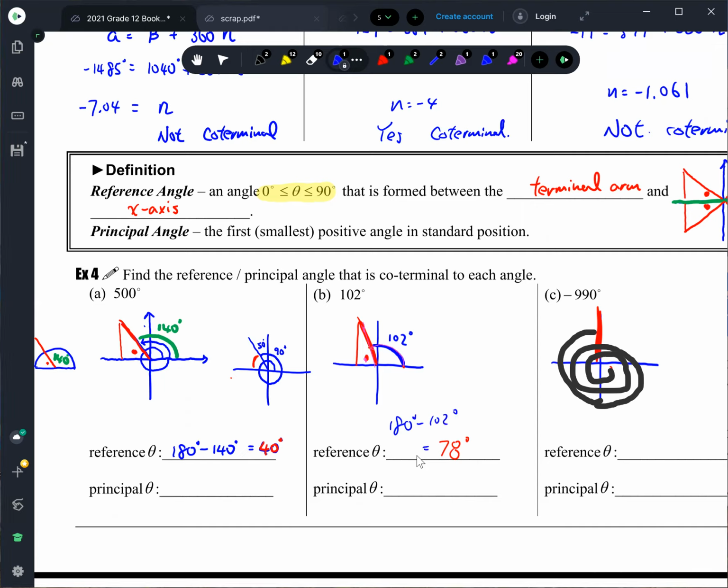Right, and then the next one, question C, is a bit weird, right? Because you don't see any triangle, but just follow the definition, right? It has to be between the terminal arm and the x-axis. So you can do either way, either side, because it's right in the middle, right? I will need to clear your drawing. Your line is so thick.